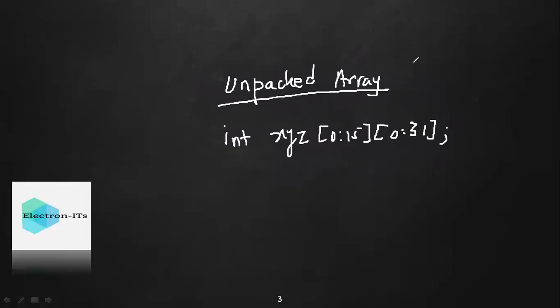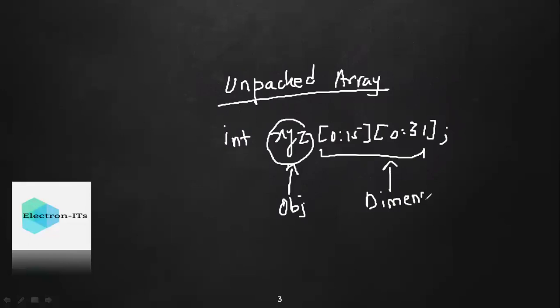So this is how we declare an unpacked array. The object comes first, the name of the object, and then these are the dimensions. So how do we tell whether it is packed or unpacked?